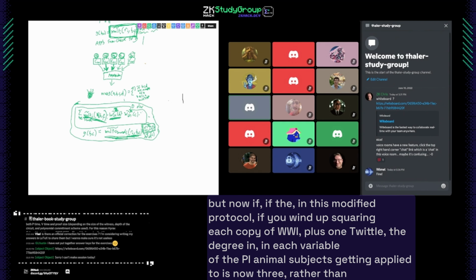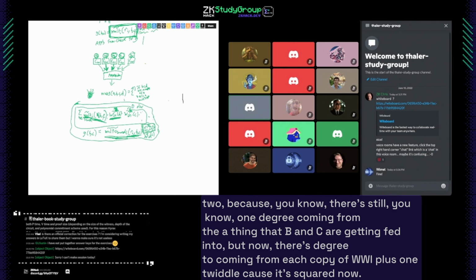But now in this modified protocol, if you wind up squaring each copy of Wi plus 1 twiddle, the degree in each variable of the polynomial sum check is getting applied to is now 3 rather than 2. Because there's still 1 degree coming from the thing that B and C are getting fed into, but now there's degree 2 coming from each copy of Wi plus 1 twiddle because it's squared now.